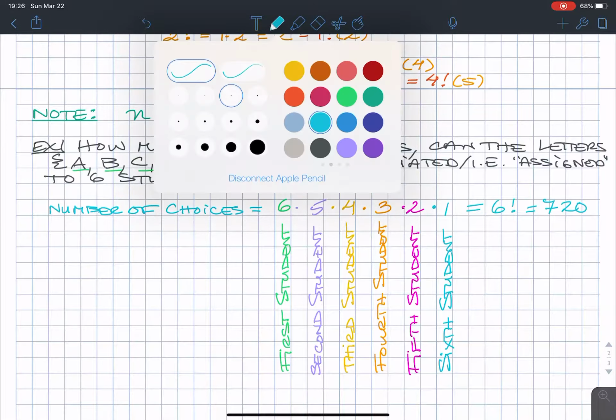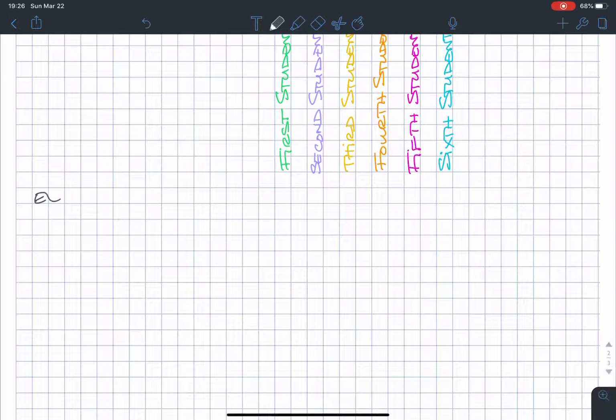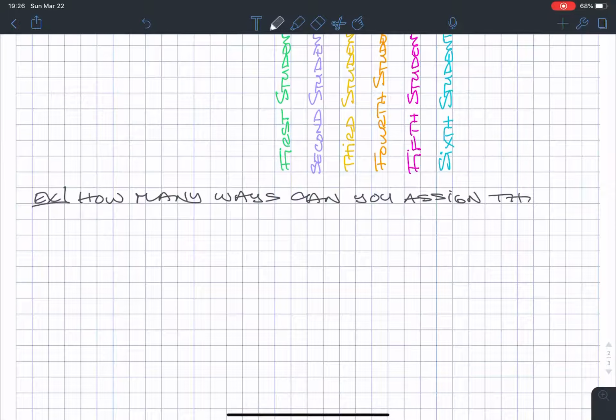Okay, so let's do another example. How many ways can you assign the letters, once again, capital A, B, C, D, E, and F to only 4 students?